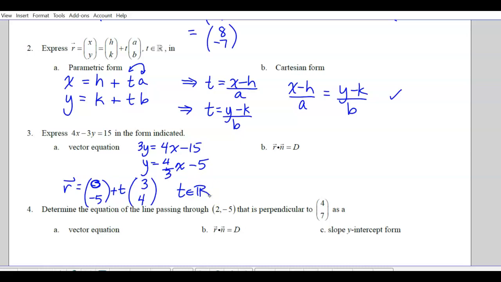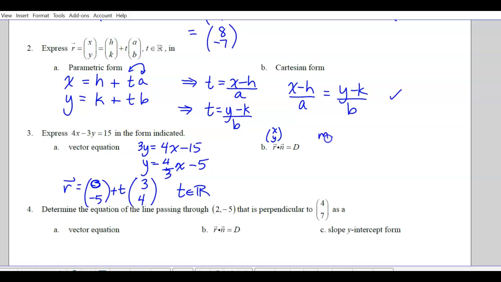Okay? Now this next form, there's your xy, right, is your r, and the dot product with the normal vector. Well, the normal n is representing the normal vector. That's the vector perpendicular to the line. So we know our slope from here is 4/3.